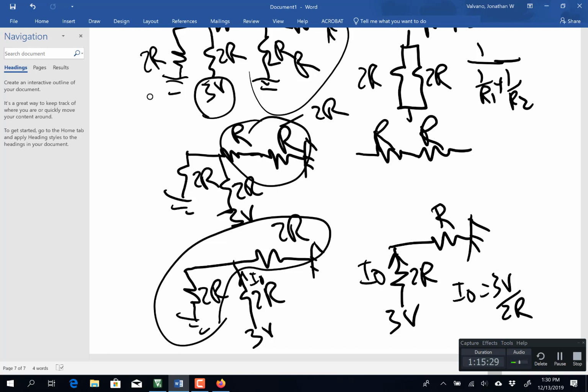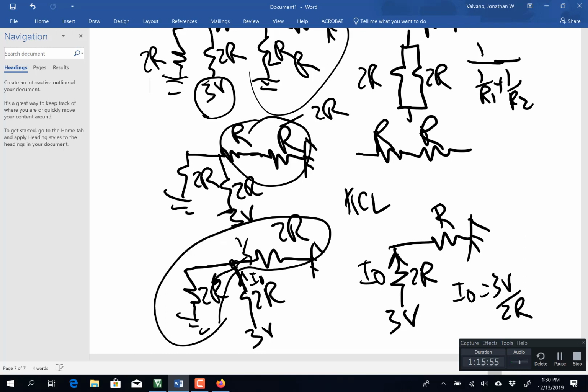So what famous rule allows me to sum the currents around the loop on a point? I'm going to use Kirchhoff's current law, and the sum around this node has got to be 0. So this current comes in, some of it goes left, some of it goes right. How much? You see it? This guy's going to come up here. Some of it's going to go that way, some of it's going to go this way.